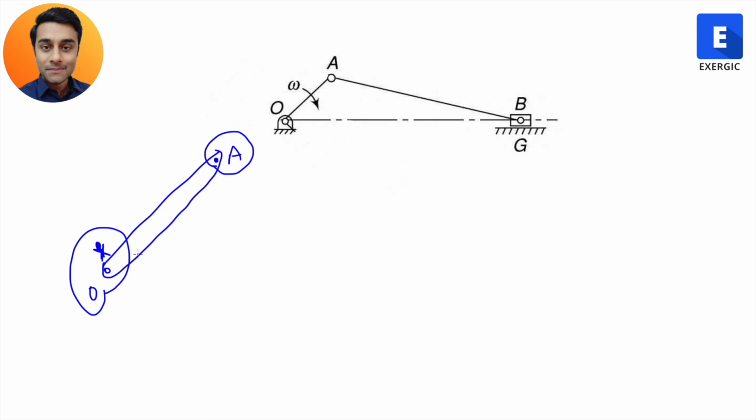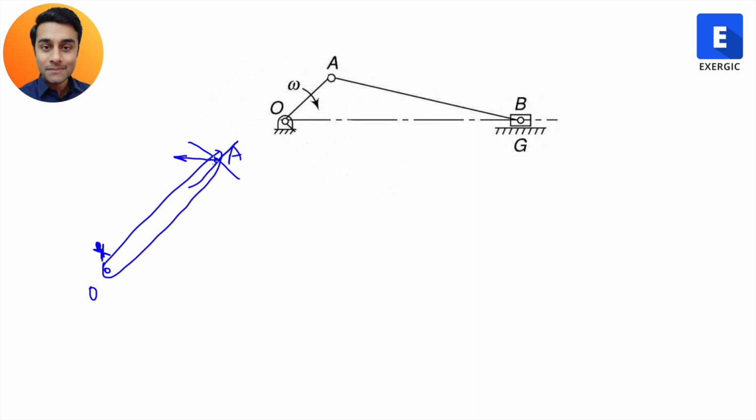Since OA is a rigid link, the point A cannot move towards O or move farther from O. Also, it cannot have a velocity in any direction where a component of its velocity will be along OA.